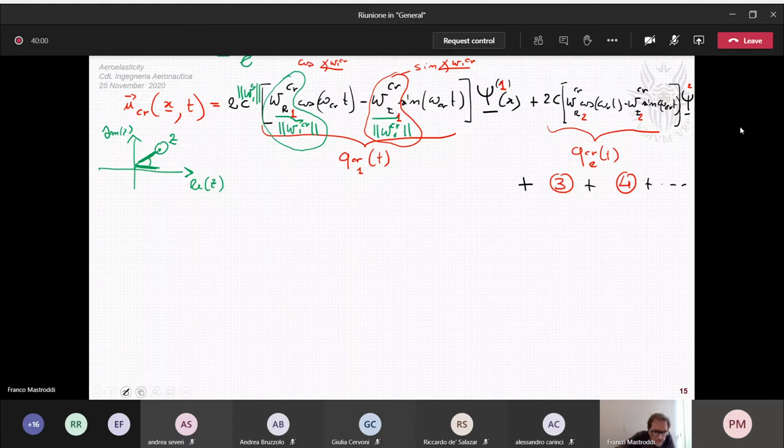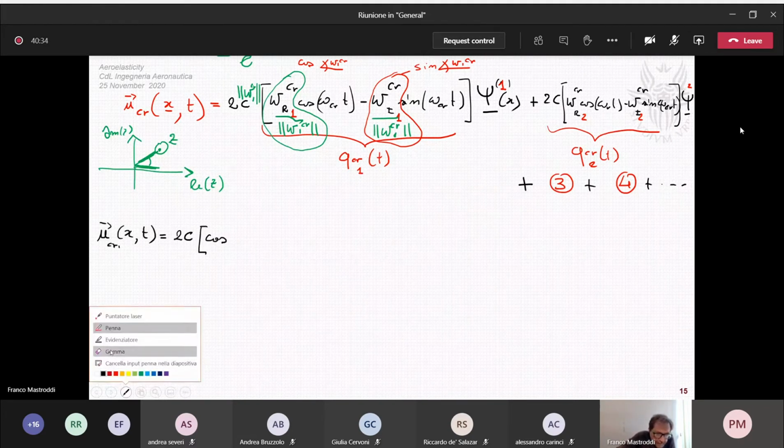And so at the end of my story, I have that the time history of my body in flutter condition, in critical condition, is equal, apart from an arbitrary constant C, to the following.